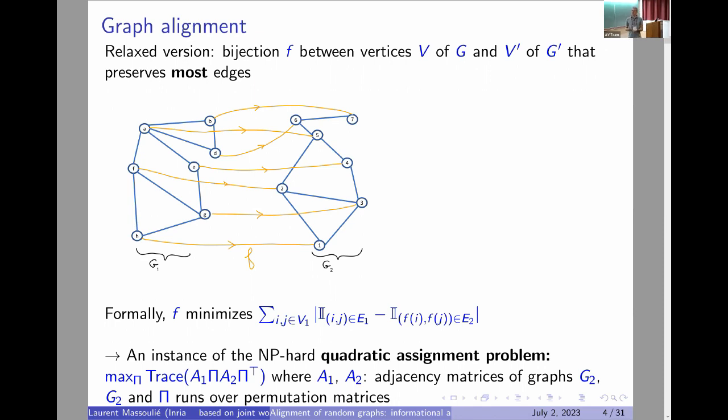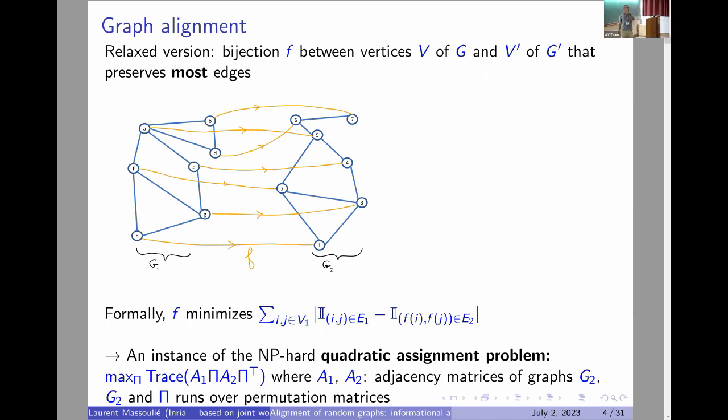So this kind of problem is called a quadratic assignment problem. And this is in contrast with a so-called linear assignment problem. A linear assignment problem is when you have a series of vertices on the left from 1 to n, a series of vertices on the right from 1 to n.